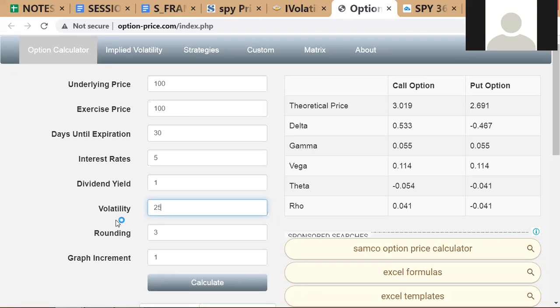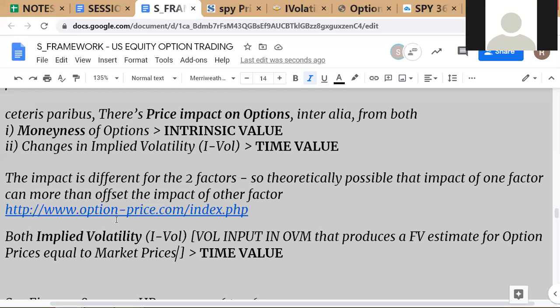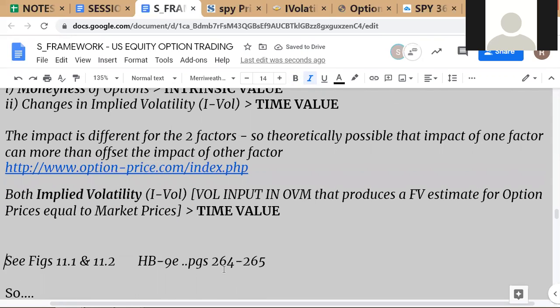And as far as the time value movement is concerned, I was saying that both IV, and I'm just repeating the IV definition here. Maybe I should not have done that, because some of you have said that there's too much repetition in the course. But this is such an important concept that I wanted to repeat it.